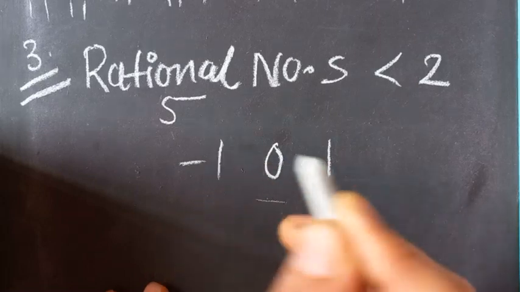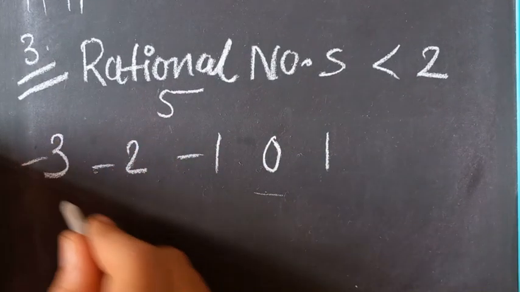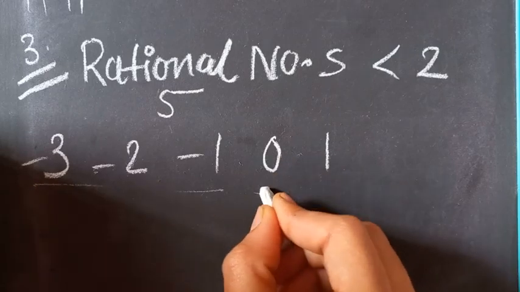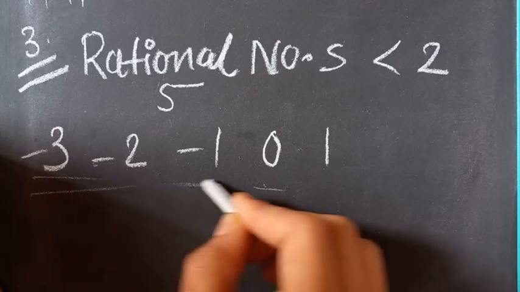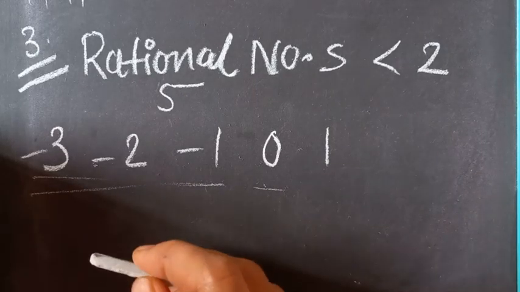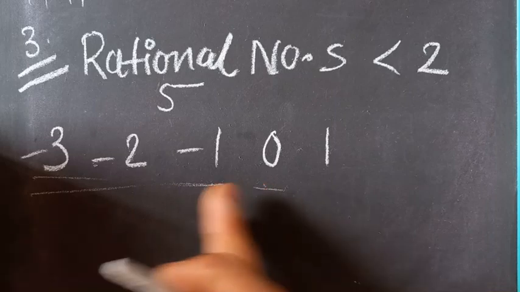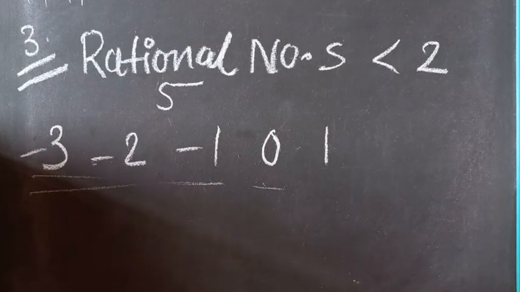Take -1, -2, -3. These 3 are less than 0, and 0 is less than 2, so these 3 are also less than 2. Always remember that all negative numbers are less than 0, and 0 is greater than these negative numbers.